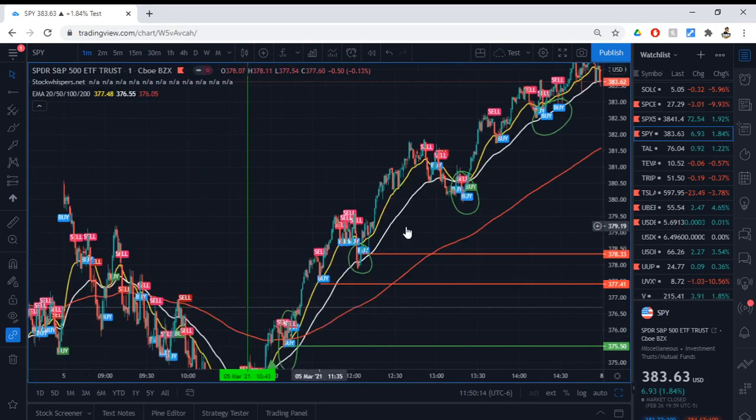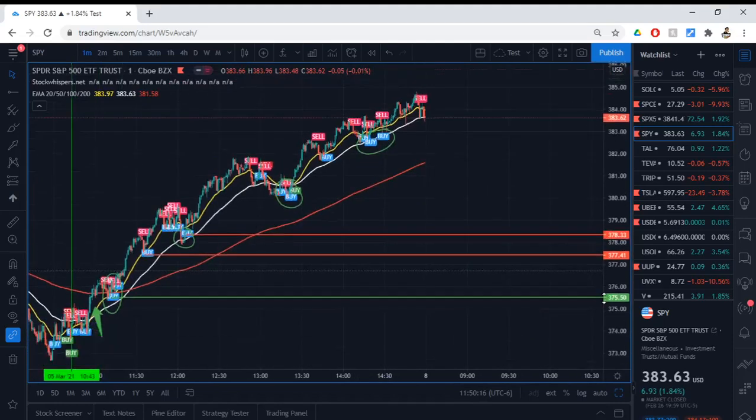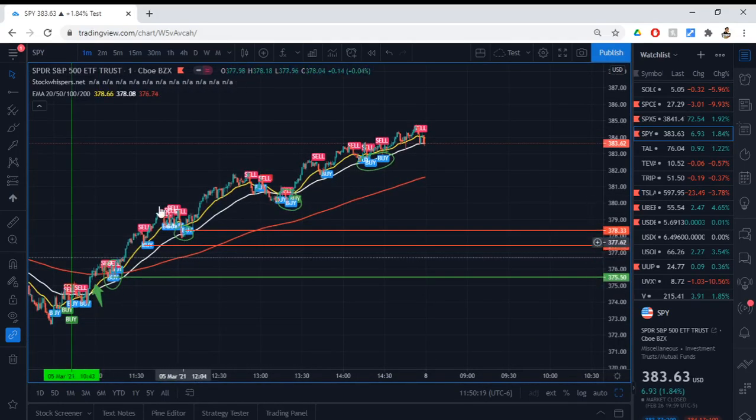Using the 200-day, it's more reliable than the top two, but it's only going to give you one entry. So if you miss that one, you don't have any more.